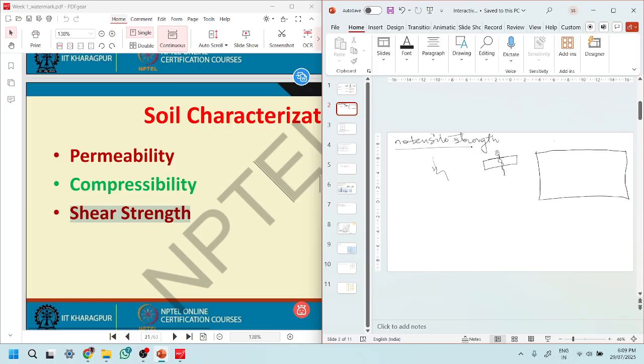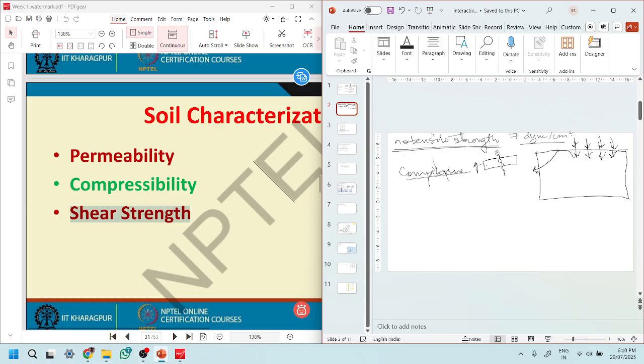Tensile strength is assumed to be very low. Compressive strength is high, but usually all the failures in soil do not take place because of compression. Even if you compress soil, it's not going to cause that much of an issue, and it has good compressive strength.